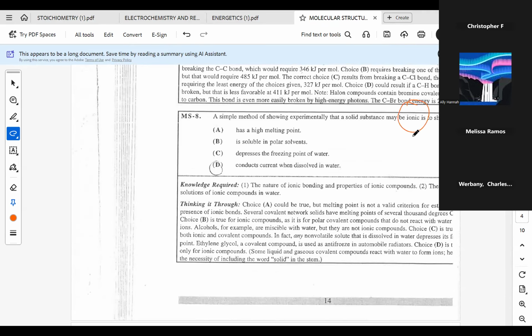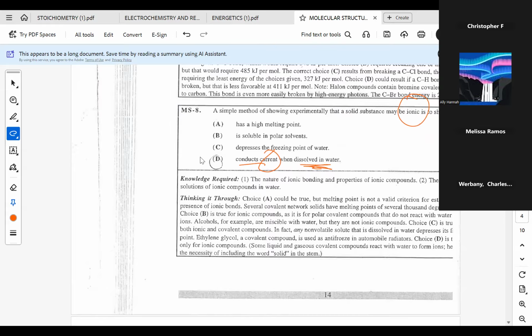The different compounds, like an ionic compound, for example, when we dissolve it in water, it will conduct electricity, conduct electrical current. So current is another way of saying electricity. They do also generally have high melting points, but the best answer here would be that when we dissolve something in water, we would conduct current.